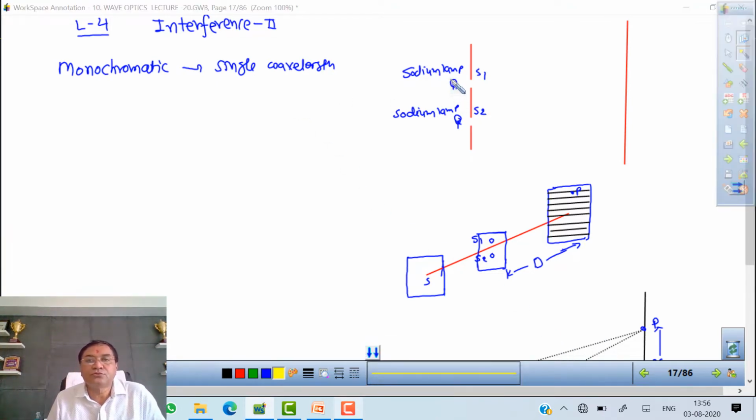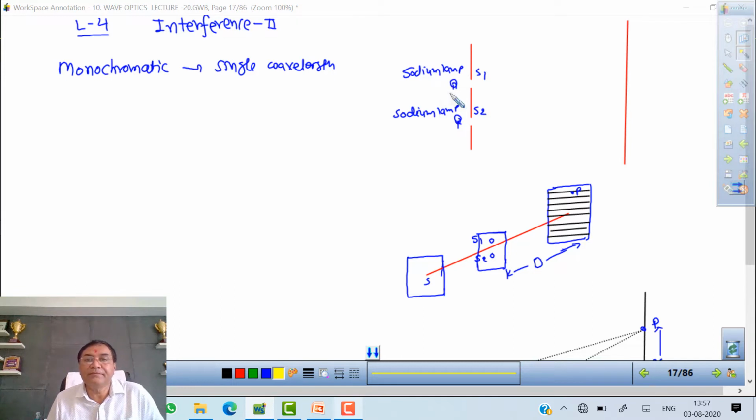So two lamps are used, lamp 1 a sodium lamp, and the second a sodium lamp. Waves will be emitted from bulb 1 and bulb 2 and pass through S1 and S2, and here if you try to see the bright and dark bands of light, you can't see. Why?